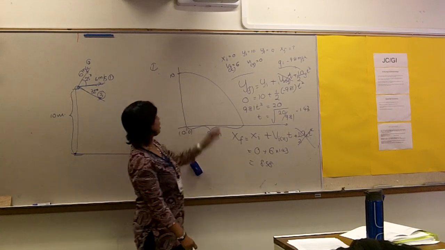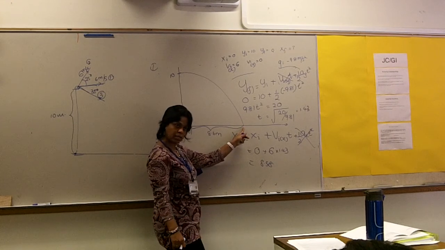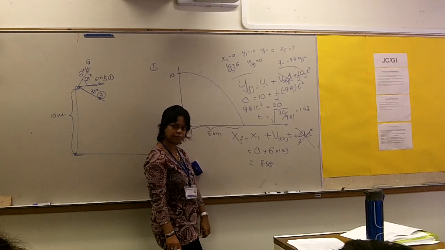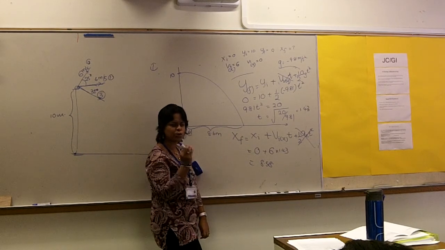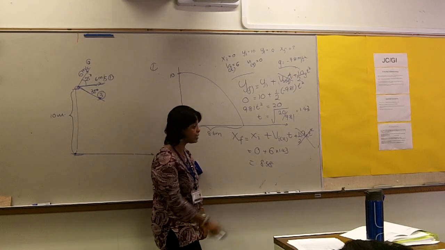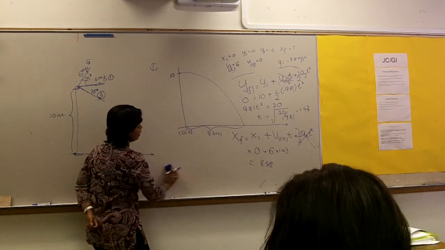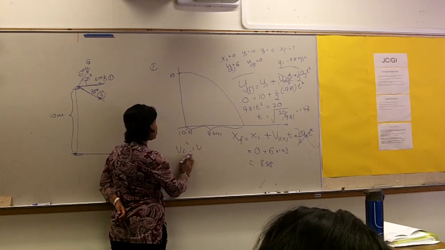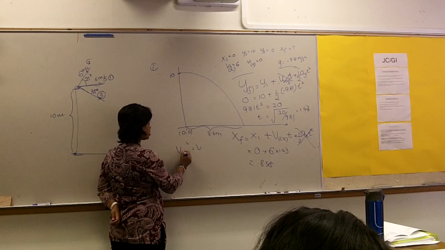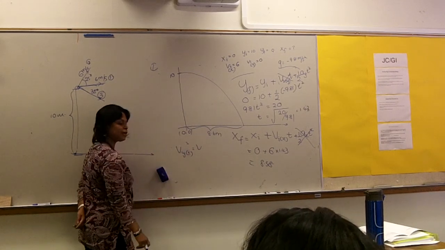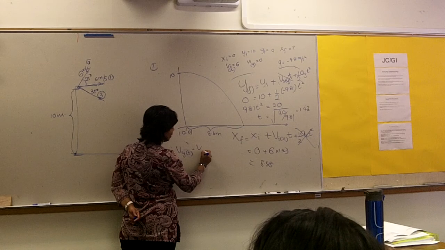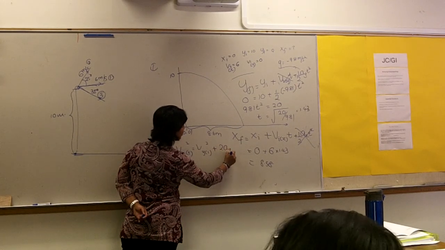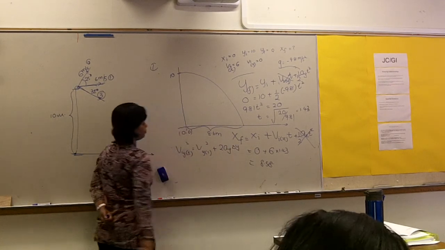Can we find the velocity, the x component and y component, when it hits? Go ahead and find it. Which equation is the best here? Yes, that would be Vy final squared equals Vy initial squared plus 2 ay delta y.